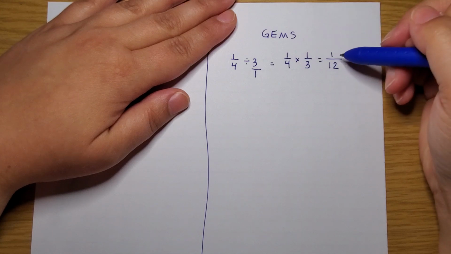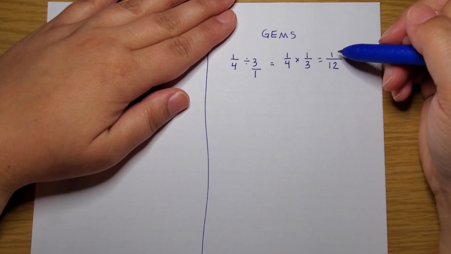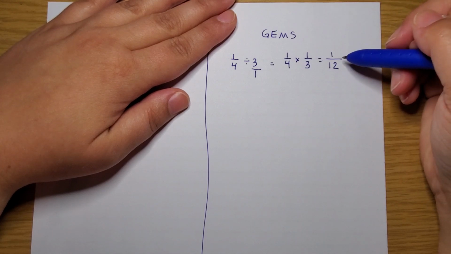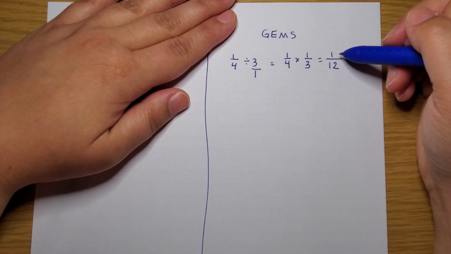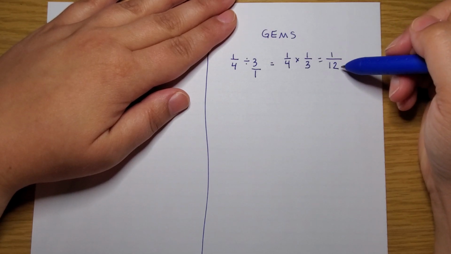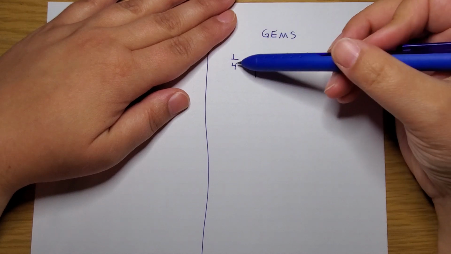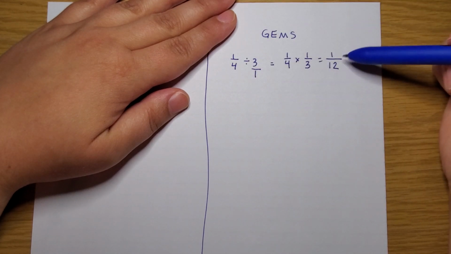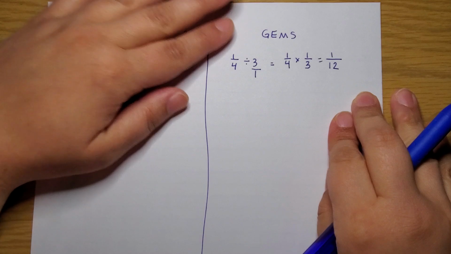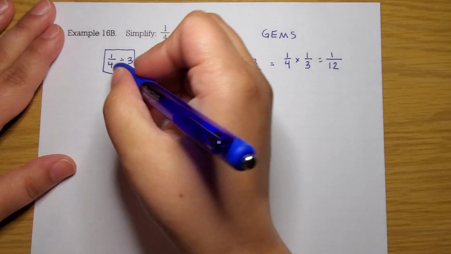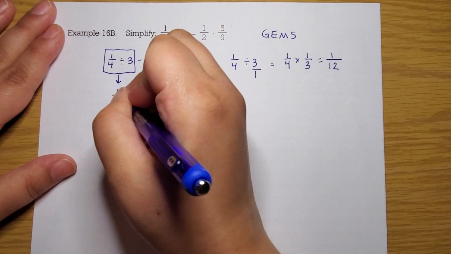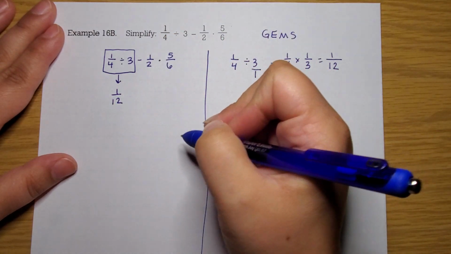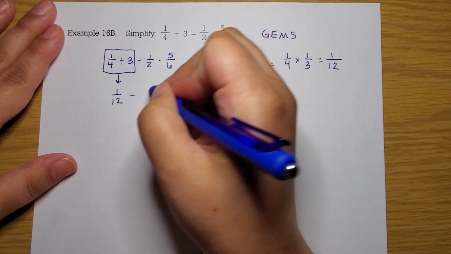Now, remember, if you have a numerator of 1, you need to keep it there. And the only thing that goes into 1 is 1, so this is in simplest form. So 1/4 divided by 3 gave us 1/12. I'm going to go back to my main problem and replace this piece with 1/12, and then copy down all the rest of this.